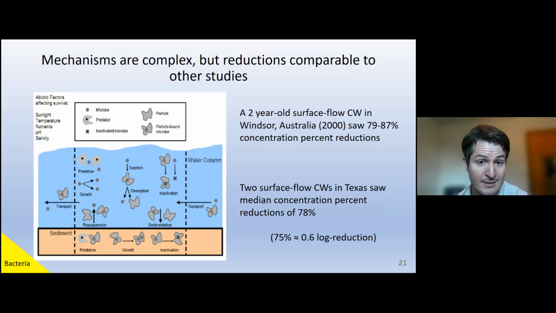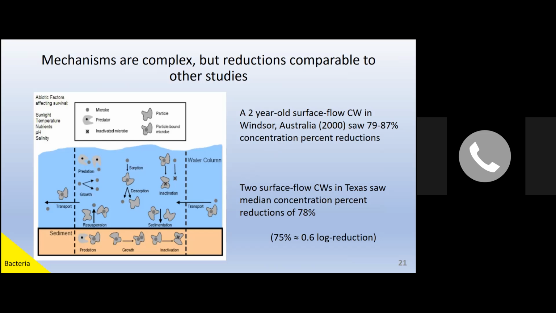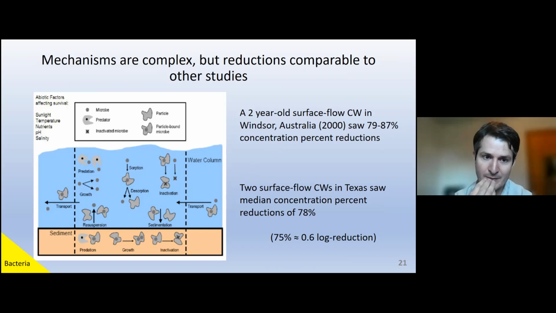There are biotic ways, like predator bacteria in the water column: when E. coli land on a stalk of rush or sedge in the constructed wetland, these predators will come and destroy them.